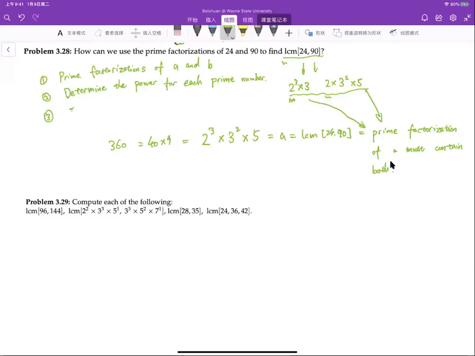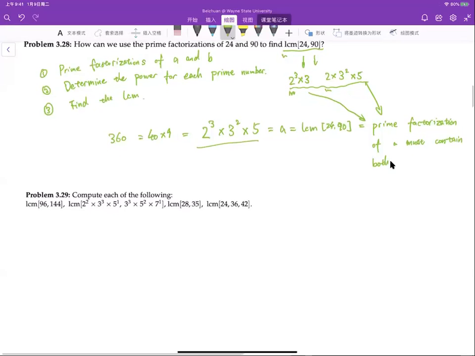And the last step will be, eventually you can just find the LCM by multiplying them together. Once you have the factorization, you can easily multiply them together to find the number. So this is the process to find the number.